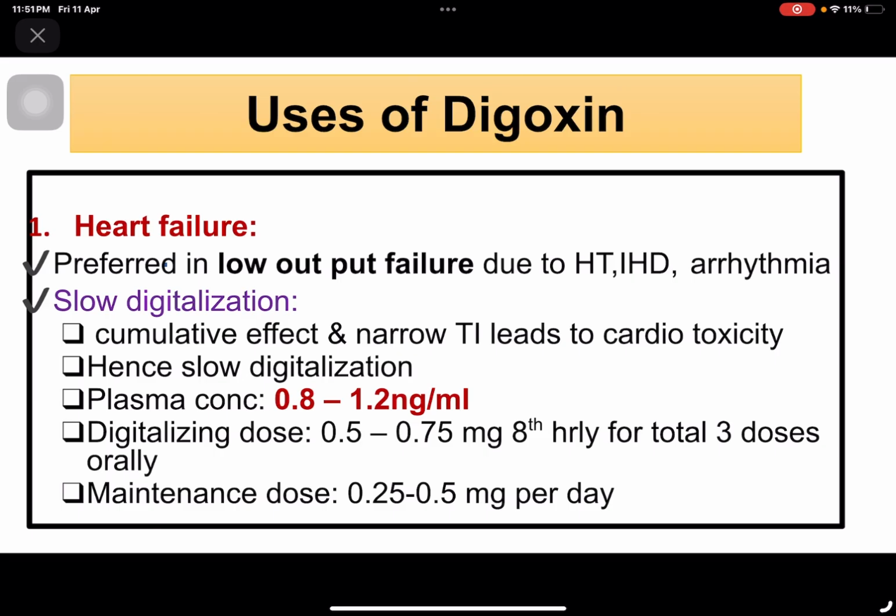Plasma concentration is 0.8 to 1.2 ng per ml. Then the digitalizing dose is 0.5 to 0.75 mg 8 hourly for a total of 3 doses orally. Then the maintenance dose of 0.25 to 0.5 mg per day can be given.